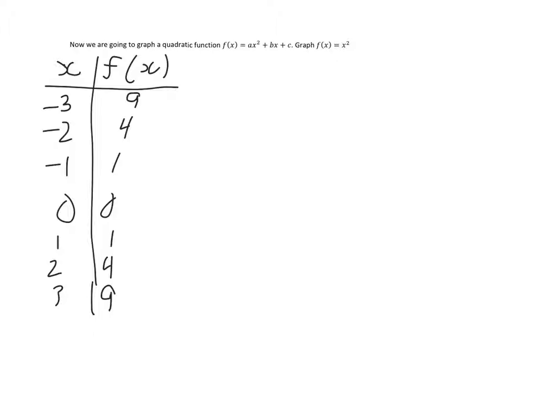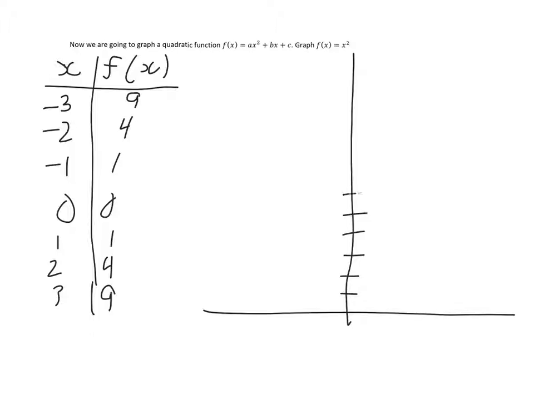And now let's go ahead and graph this, and we'll start defining some vocabulary terms. So, I wish that was straighter, that's okay. We have to go all the way up. We're going from 0 to 9 on the y-axis. 1, 2, 3, 4, 5, 6, 7, 8, 9.